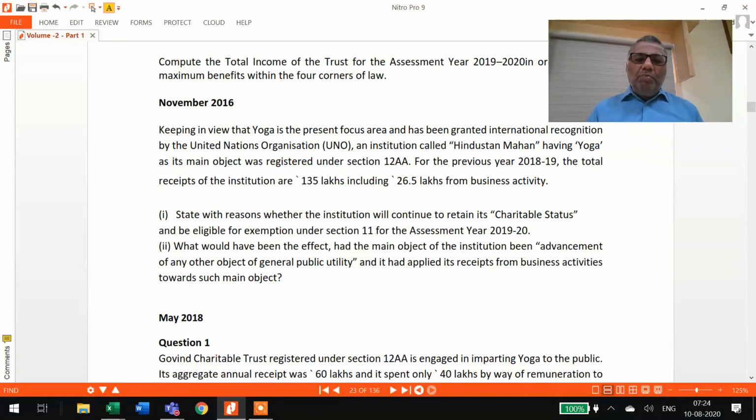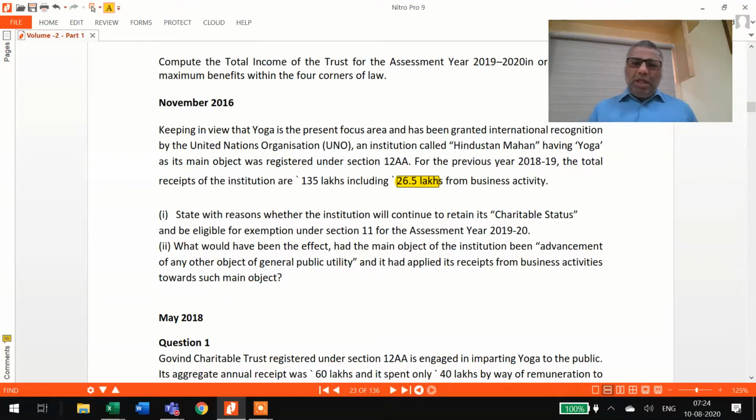What would have been the effect had the main object of the institution been advancement of general public utility and it has received the same? There it is only restricted to 20%. 135 into 20% comes to 27, and it is below the specified limit.